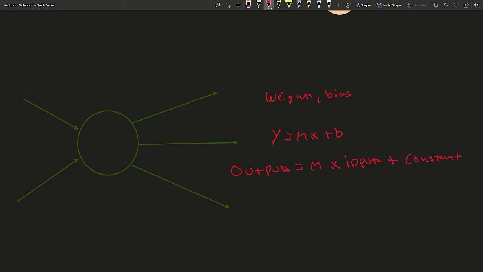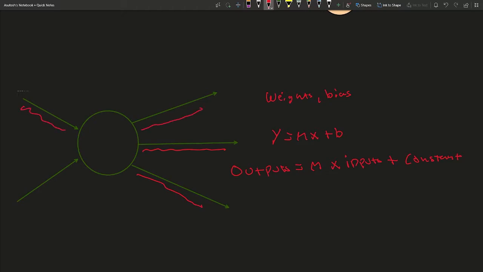So looking at this equation, you kind of see how it'll better fit our needs for machine learning and neural networks, right? Because now we're talking in terms of inputs and outputs instead of y and x. And we have inputs and outputs in our neural network, right? Our outputs are what we're trying to solve for.